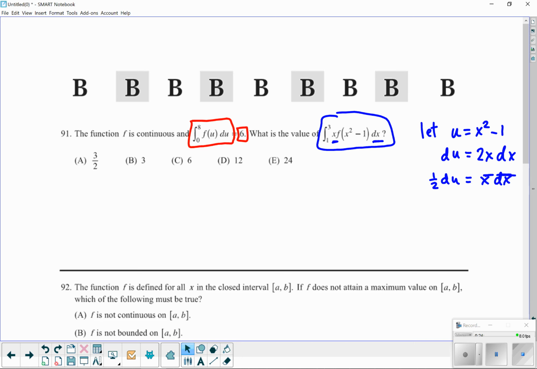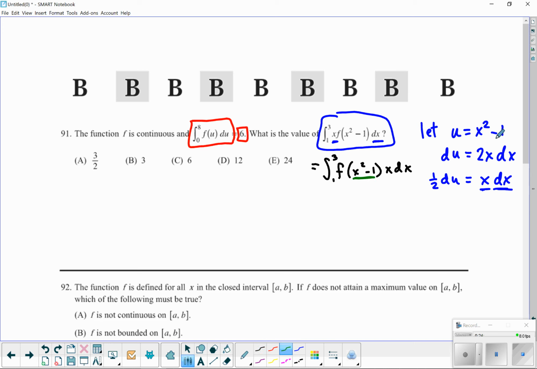So we can make that happen right there. Right here, we're going to go ahead and do this as the integral of f of x squared minus 1 times x dx from 1 to 3, like that.